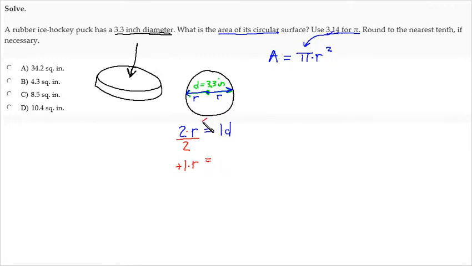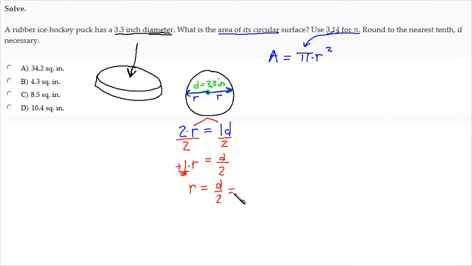And what we do to one side, we do to the other side of the equation to keep the equation in balance. So 1 times d is d divided by 2. Here's the formula for radius in terms of diameter: radius equals diameter divided by 2.